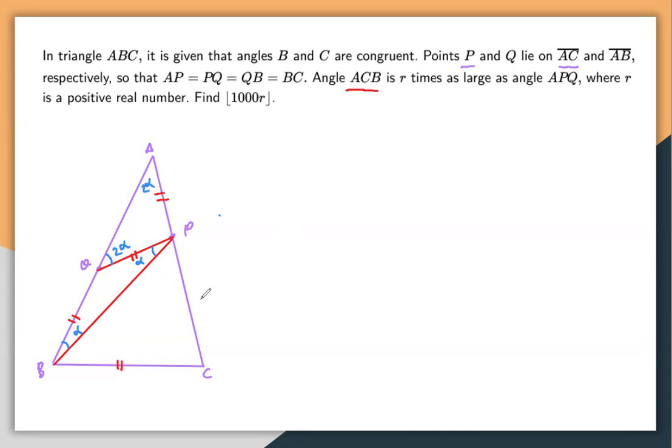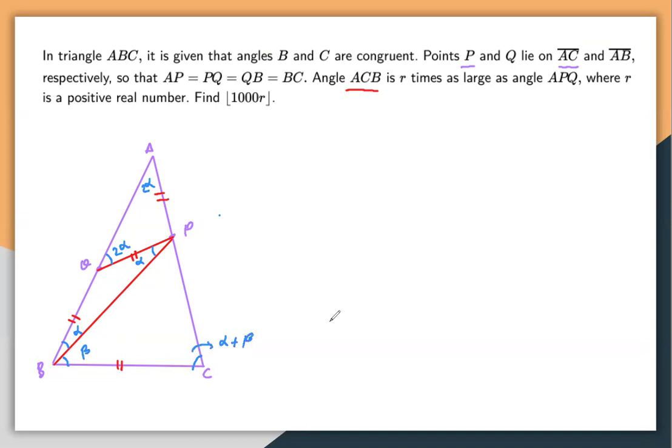Okay, so now we have some of the angles written in terms of one thing, which is progress. We just want to know something about angle C as well. I don't know about this one yet, so I'll label it beta. Which means this angle right here should be alpha plus beta.